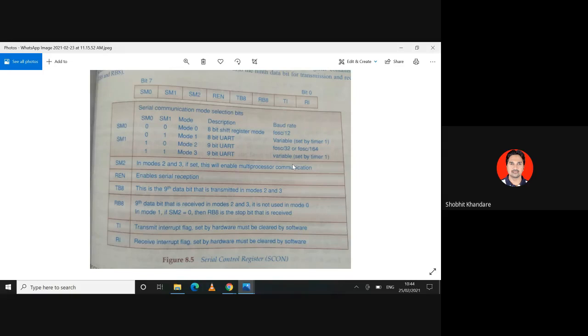Before you draw, there is one small correction in this. This is F oscillator, oscillator frequency by 12. यहाँ पे oscillator frequency by 32 और oscillator frequency by 64. 164 गलत है, आपको लिखना है oscillator frequency by 64.